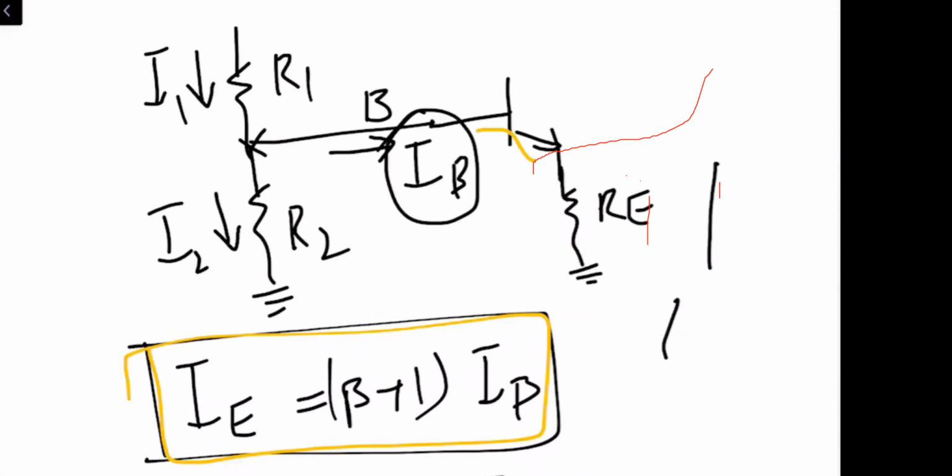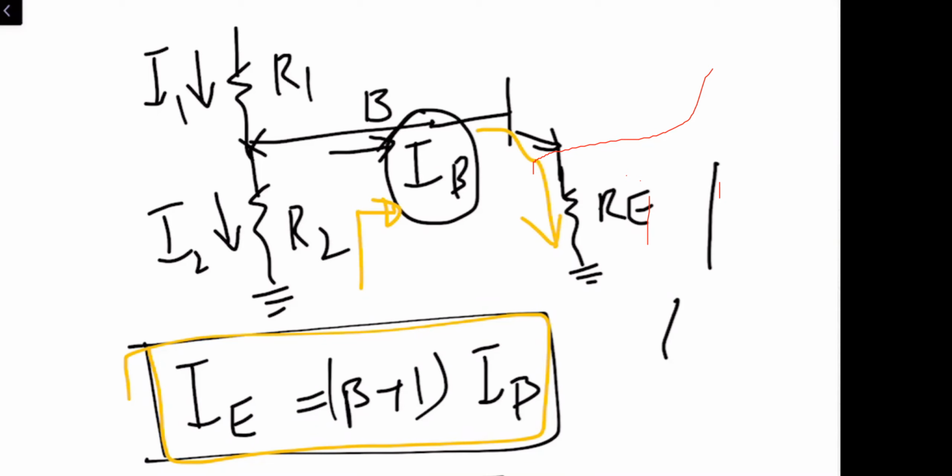It goes over here and then this goes over here. So when we look from this side, it is basically the base current and I1 and I2. But the base current, when it is reflected on the emitter side, is basically beta times the base current.